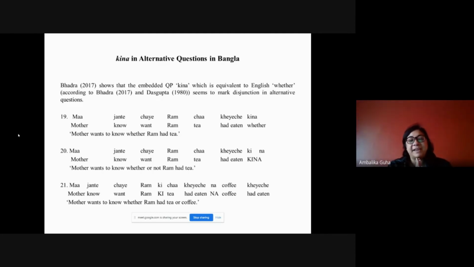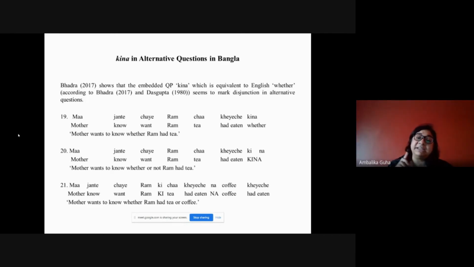For example, in 19, Ma jante chaye Ram cha kheche kina. So, mother wants to know whether Ram had tea. In 20, Ma jante chaye Ram cha kheche ki na. Mother wants to know whether or not Ram had tea. And 21, Ma jante chaye Ram ki cha kheche na coffee kheche. So mother wants to know whether Ram had tea or coffee.